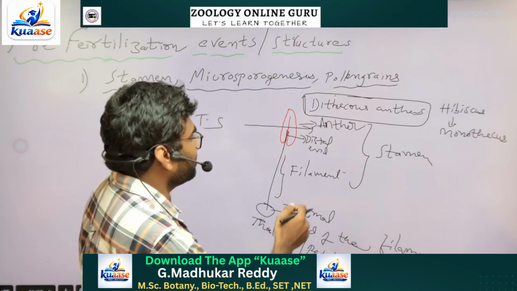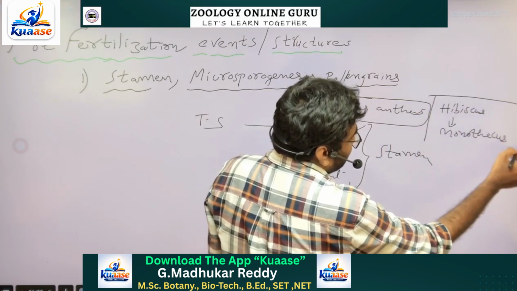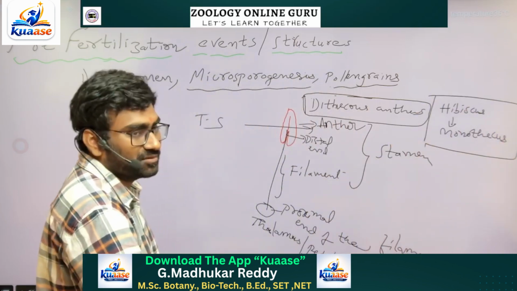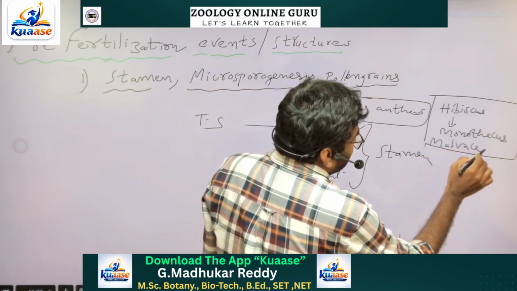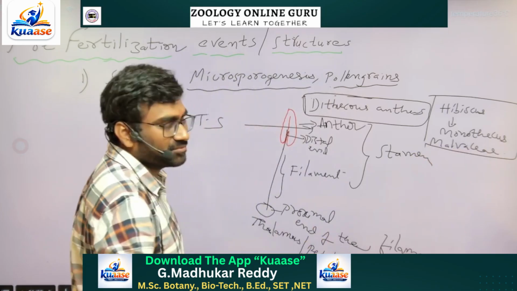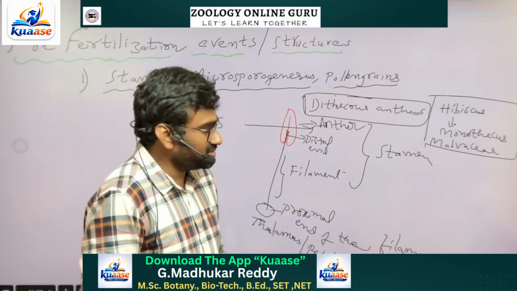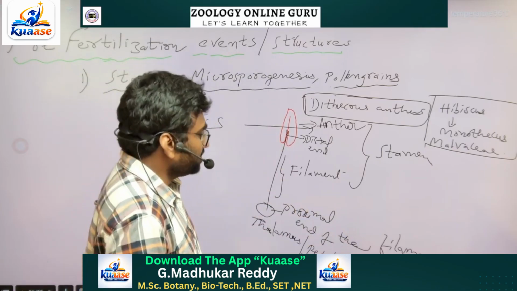In most of the flowering plants, anthers are dithecous, but the exception is Hibiscus rosa sinensis, usually called China rose, and the anthers are monothecous, and it belongs to Malvaceae. Now let us discuss the microsporangium wall layers of this transverse section of anther.